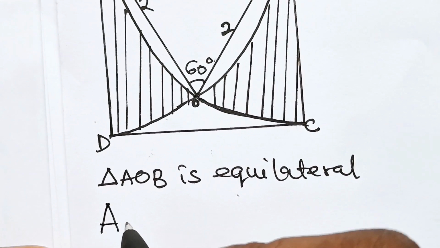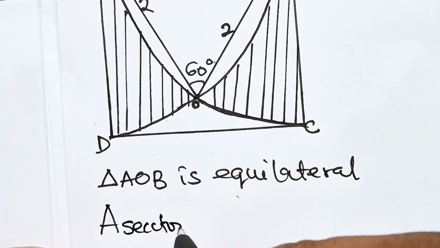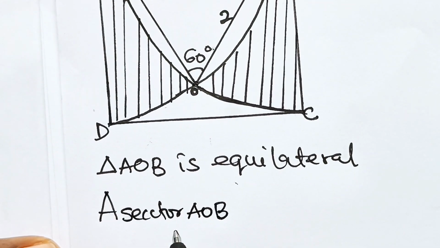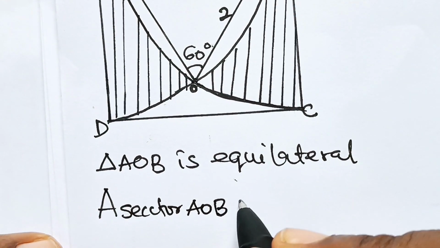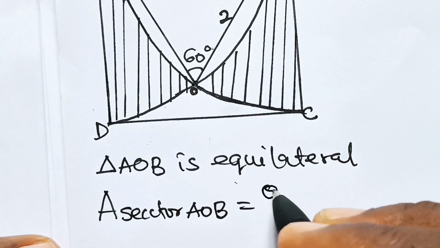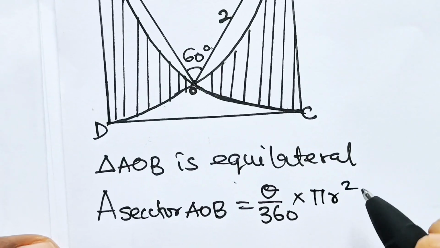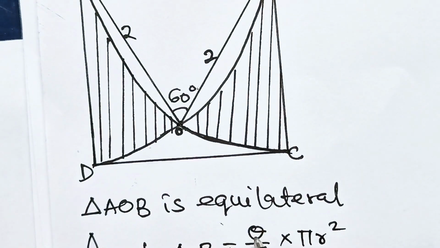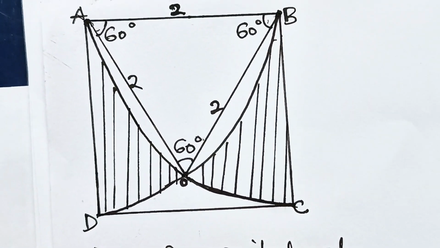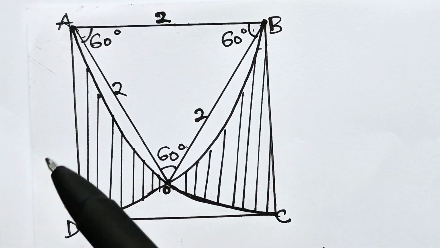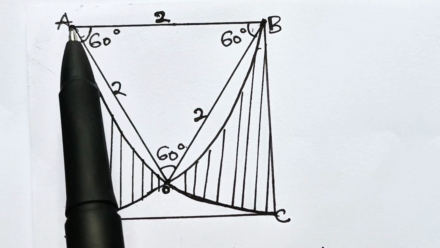Area of sector AOB is equal to, remember that area is theta over 360 multiplied by pi r squared. Now our theta is the angle subtended by the sector, and the angle subtended by the sector is 60 degrees.